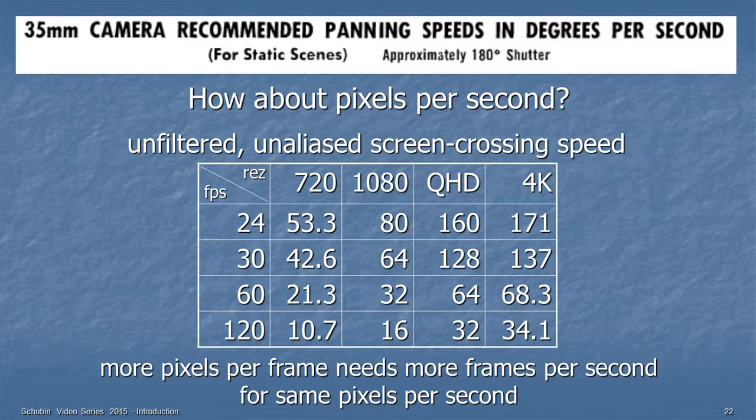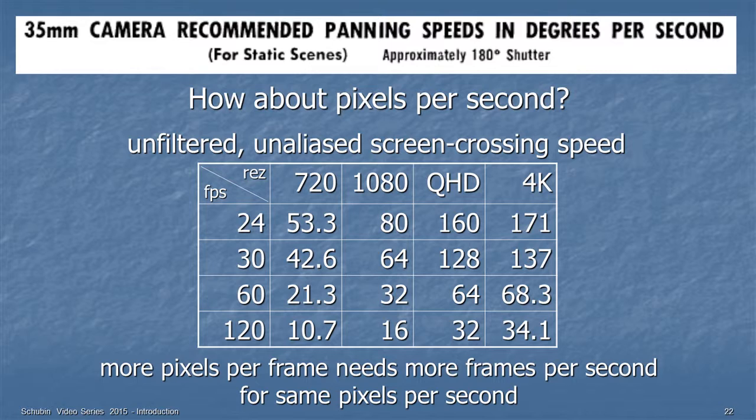Well, since there's a certain number of pixels across a screen, and the screen occupies a certain area, like 30 degrees of visual field, then we could also talk about pixels per second. And if we do talk about pixels per second, then it becomes clear that if you have more pixels per frame, then you need more frames per second to have the same number of pixels per second.